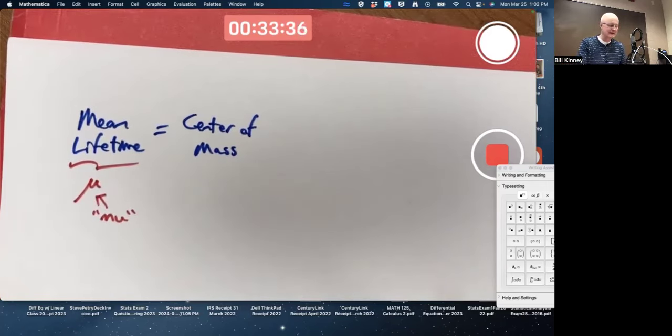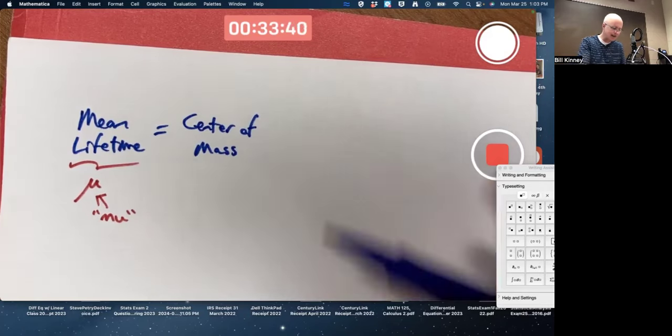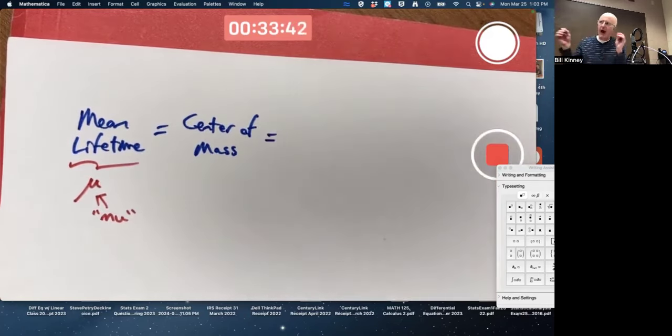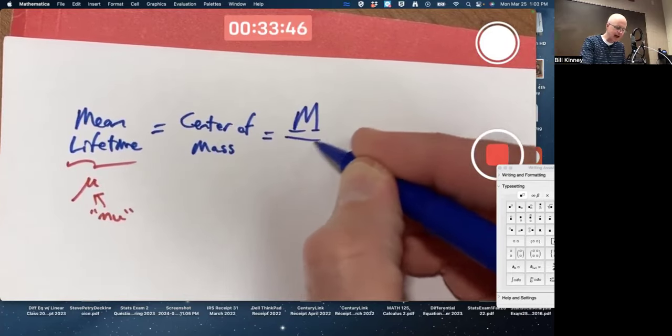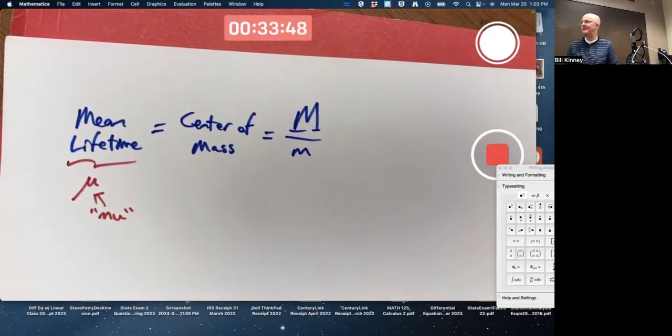A mu. Okay. Center of mass, what is that? For thin rods, it's the moment in the x direction divided by the mass, right? Capital M divided by little m. What's the mass here? We don't have a thin rod, do we? Well, a more abstract kind of thin rod.